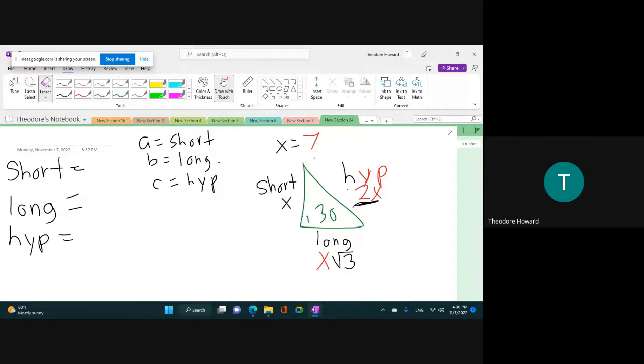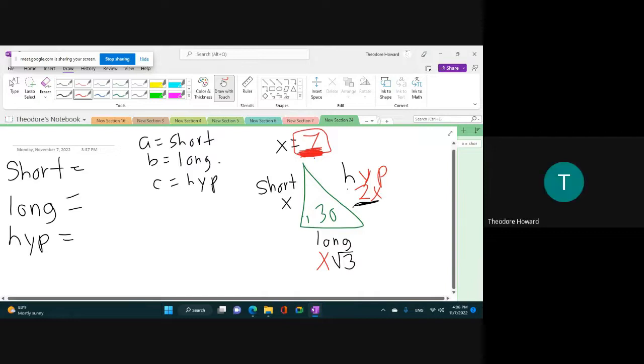What's the short leg going to be? I gave it to you. So what's the short leg? Short leg, not x square root 3. But you guys are not paying attention to what I'm doing. What's the short leg? 7. Okay.